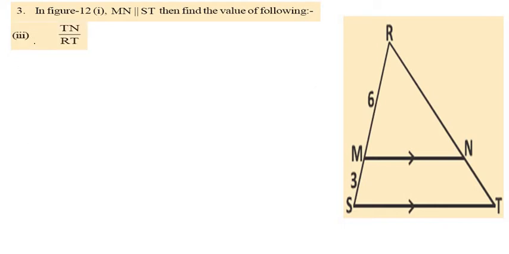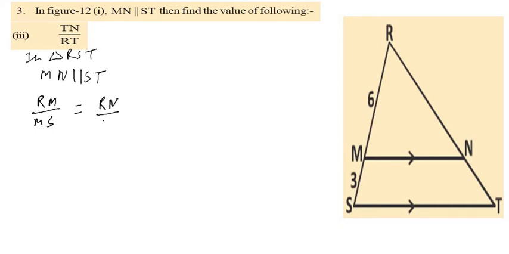Now come to the third part of this question. NT upon RT. Here is the RT. In triangle RST, here is MN parallel to ST. Now you can write here, RM upon MS will be equal to RN upon NT.